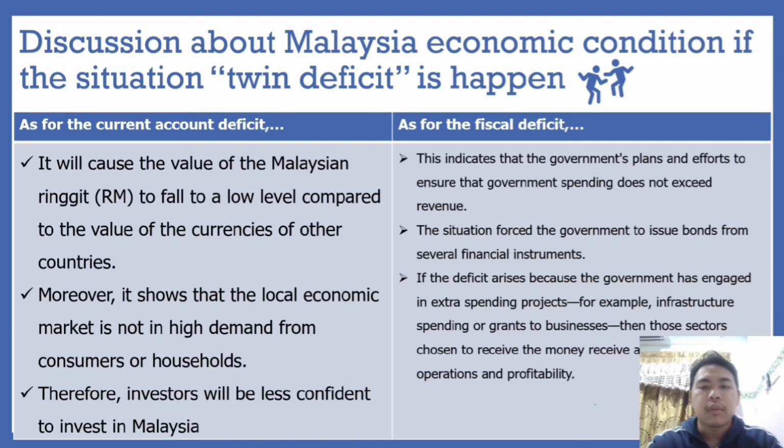But if the deficit arises because receipts to the government have fallen, either through tax cuts or a decline in business activity, then no such stimulus takes place. So there are a few effects that may happen if the twin deficit situation happens in Malaysia. And I think that's all from me for question 3 for this topic.